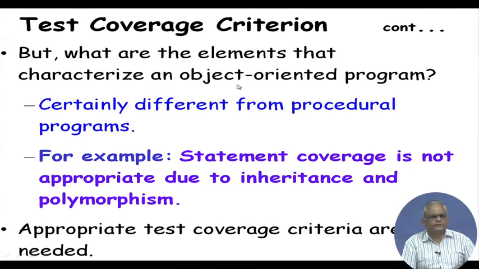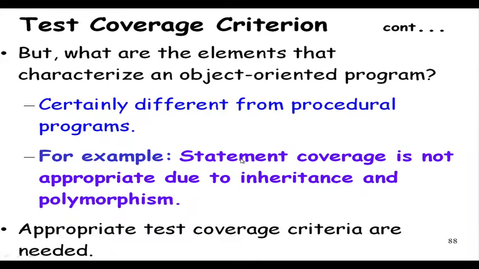If we think of it, obviously statement coverage is not an appropriate coverage metric for object oriented programs, because we had already said that even if a statement is covered in the context of the base class, then in the context of the derived class we have to test it again. So, just saying that the statement has been covered is not enough, because of the inheritance hierarchy and inherited methods which need to be retested.